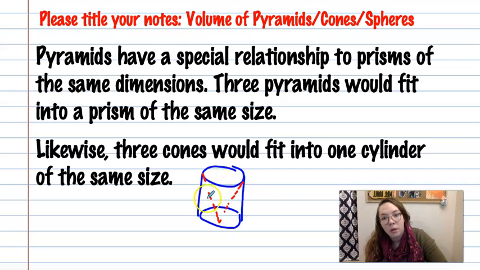So this would be cone one, there'd be a cone down here and a cone down here. So there's three total that fit into one as long as it has the same dimensions, meaning the same radius and the same height. Or for a pyramid, it has to have the same length, width, and height as the prism. But three would fit in perfectly.